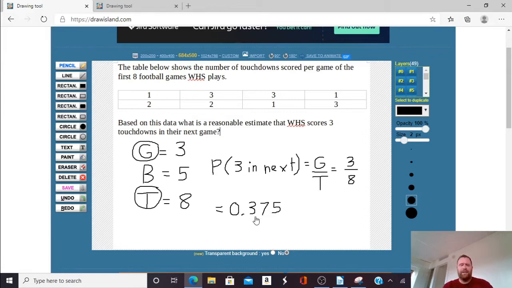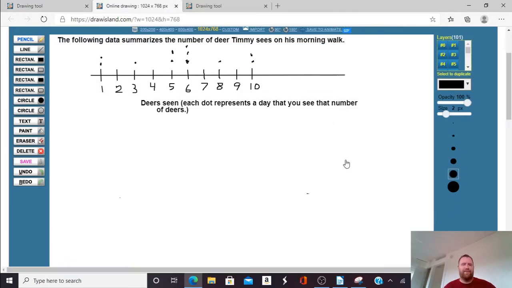So the probability is 3/8 or 0.375 as a decimal. And you can just put 3 divided by 8 in your calculator and you would get this probability. So that concludes example 1 in experimental probability. Okay, on to example 2.